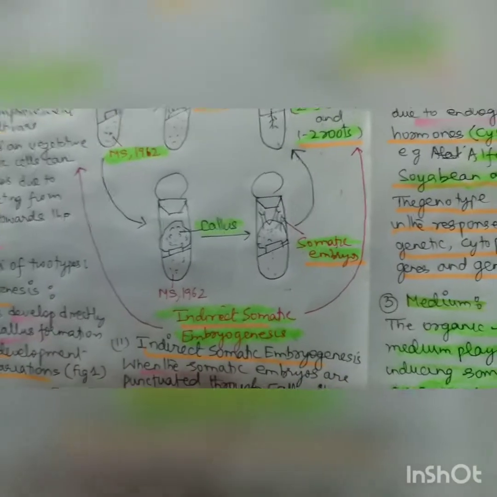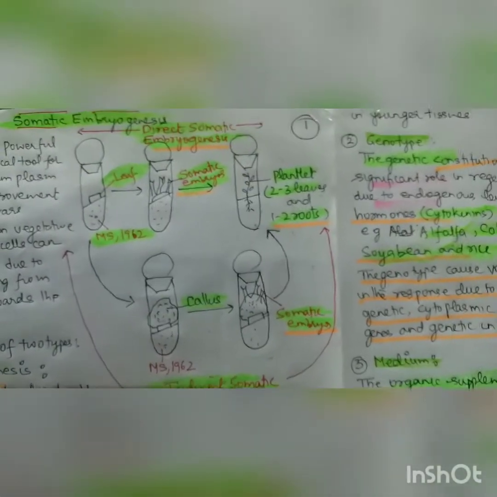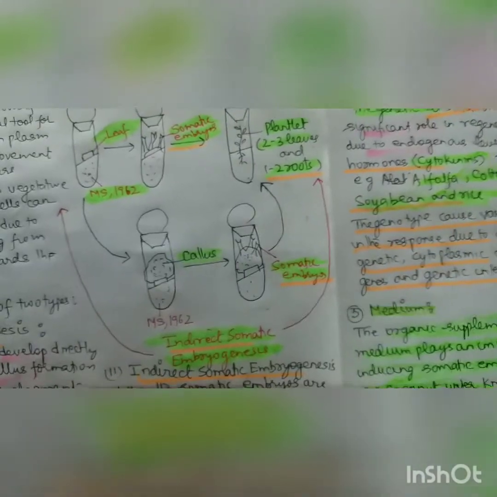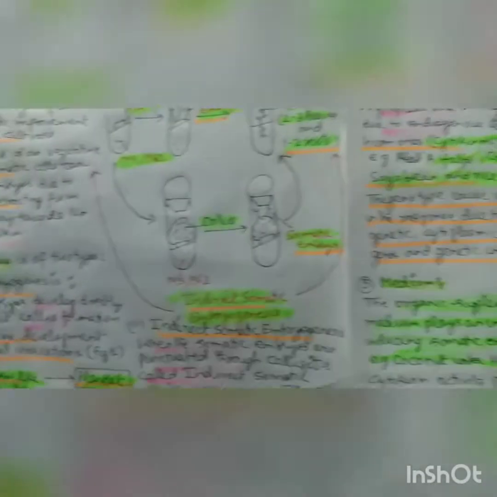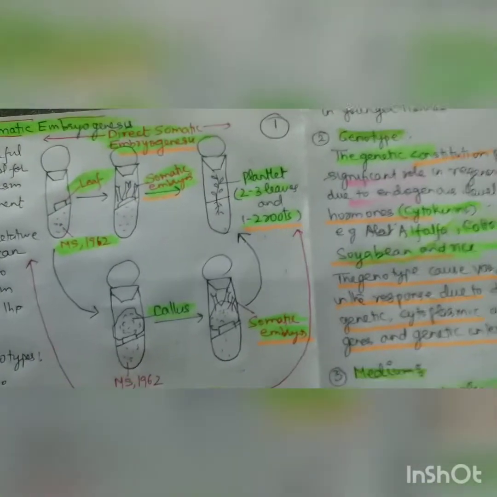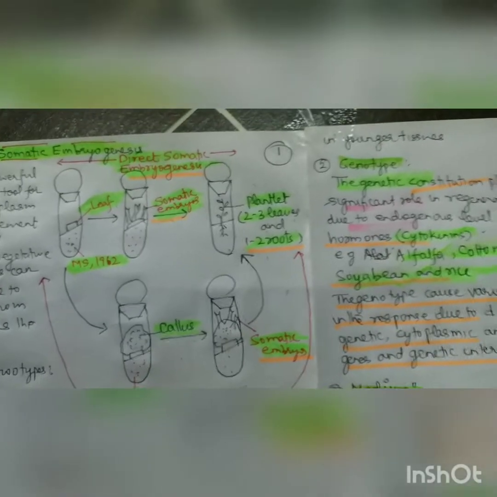So somaclones are good also. There are two theories of somaclonal variation I will do tomorrow. Before that you have to do somatic embryogenesis in detail, because it is a small topic, but a very important topic, right?